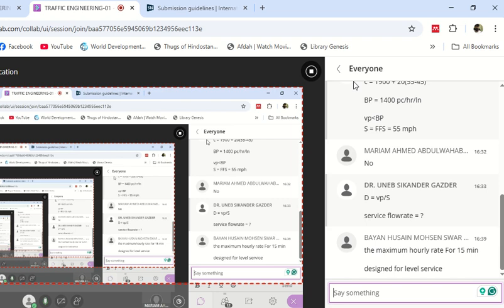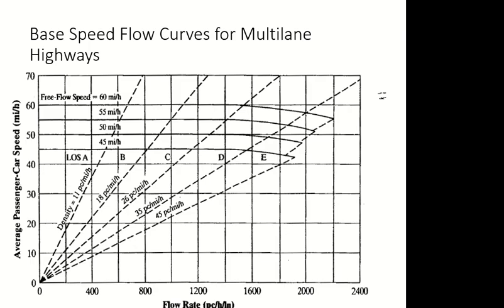So how do I find the maximum flow rate for a level of service? Again, you go back to these graphs. You plot the graph, then you use the maximum density values from the Highway Capacity Manual for each level of service and plot these lines using the densities as their slope.